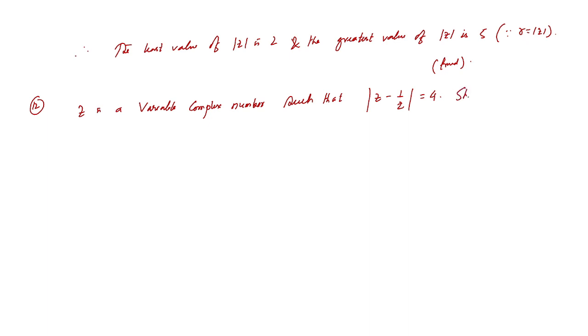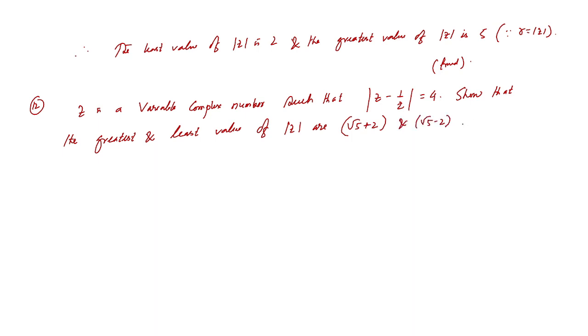Show that, again a similar kind of question, the greatest and least value of modulus of z are root 5 plus 2 and root 5 minus 2 respectively.